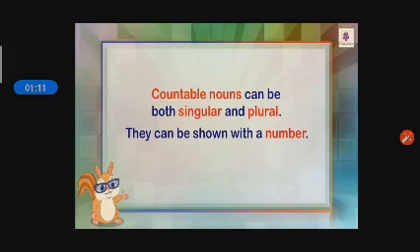They can be shown with a number, meaning 1 boy, 4 boys, 1 table, 5 tables. That way you can show singular and plural nouns with countable nouns with numbers.